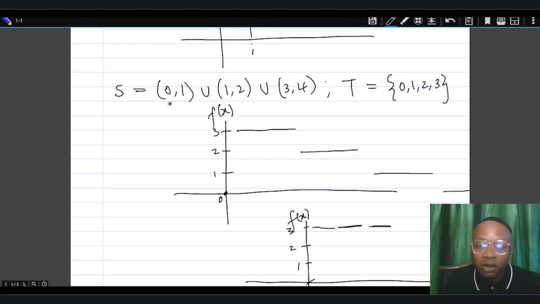So it has to be that every element in this particular interval or subset of S is mapped to 0 or mapped to 1 or mapped to 2 or mapped to 3. That means every interval has 4 options to pick from.